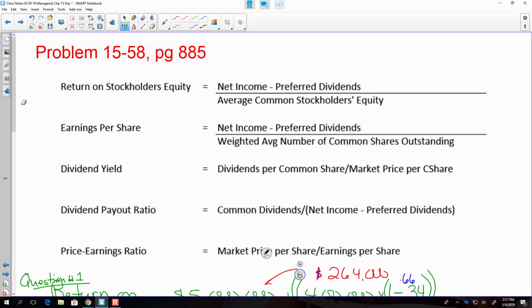So basically, we're just going to throw the numbers in. Not as exciting as the last one. So net income was 5 million. Preferred dividends given to us at 400,000. The average common stockholders' equity is a dollar amount, 20 million.